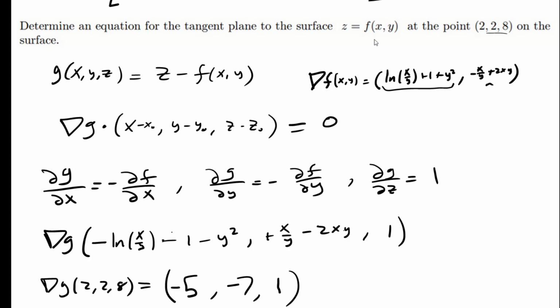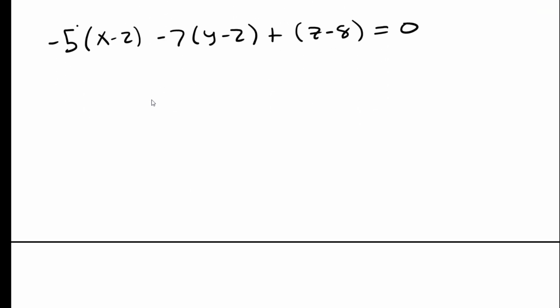So what I do is I'm going to move all of the variables over to one side and all of the constants to the other side. So for example, if I had something like x squared plus 2y equals 3, suppose, or minus 3. Right, this is my f of x, y.